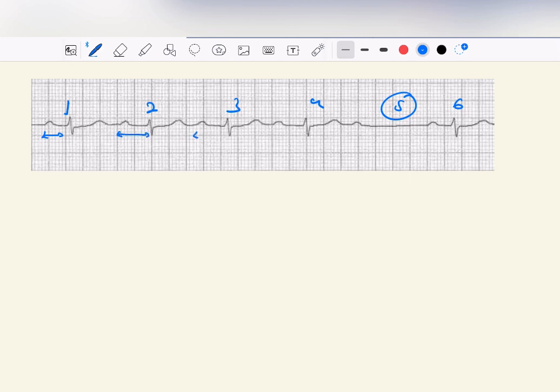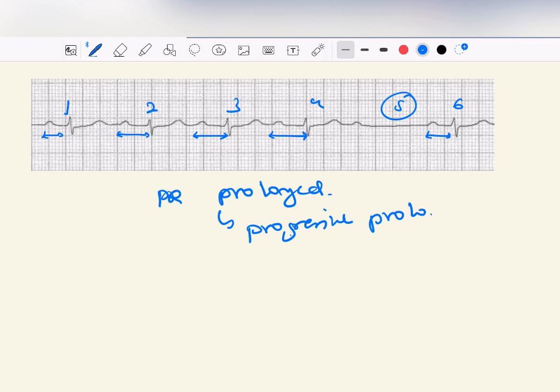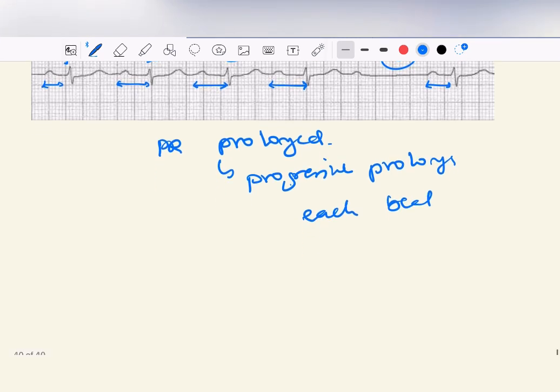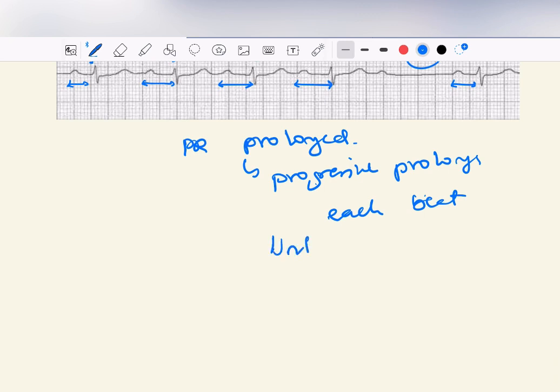The PR is prolonged, and it progressively prolongs with each beat until there is a missed beat.